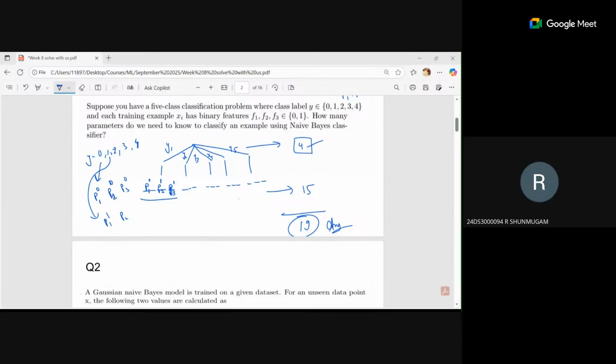Yes, we are multiplying it with the number of classes, right? Exactly. So you will get all the features, right?